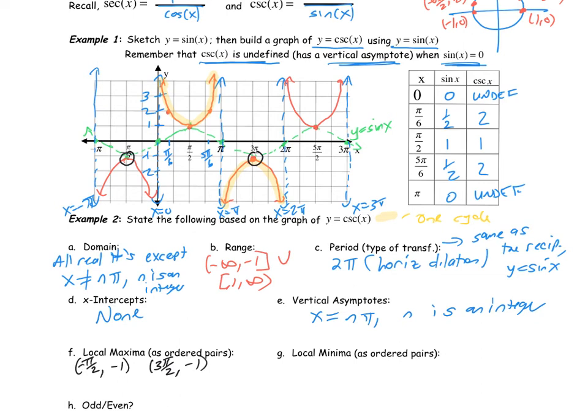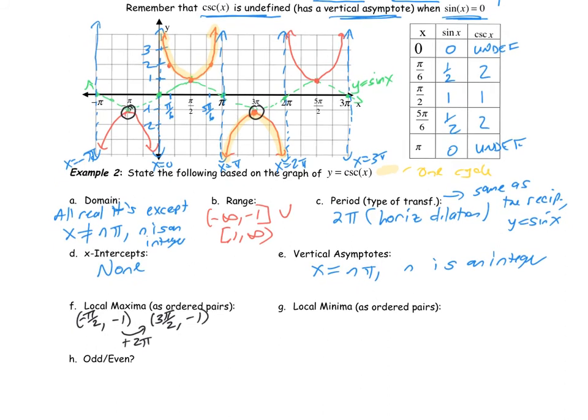And to get from one to the next, we're adding a full period, which is 2 pi. So if we want to write a general expression, I would pick one value. So let's say I pick 3 pi over 2, and then I need to add an integer multiple of 2 pi. So plus 2 pi n, comma -1, where n is an integer. That's an expression for all local maxima.